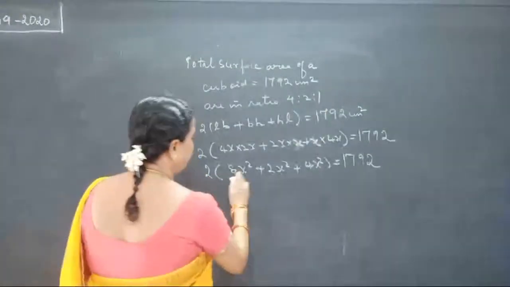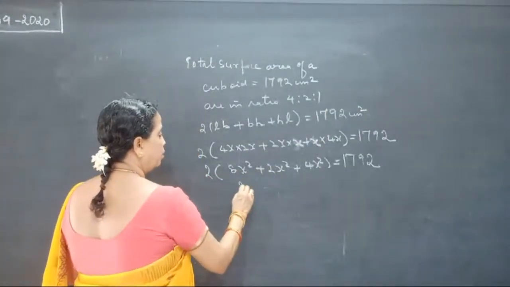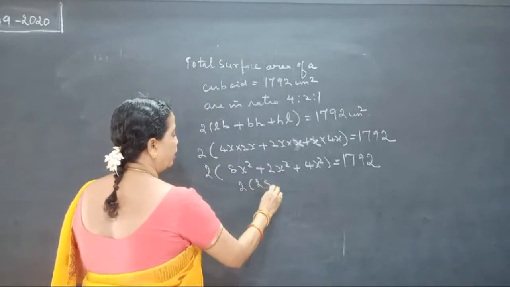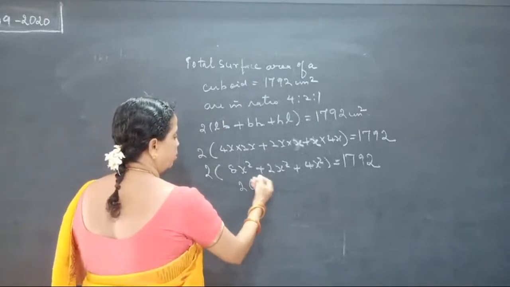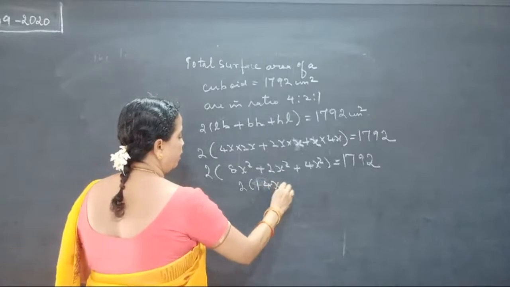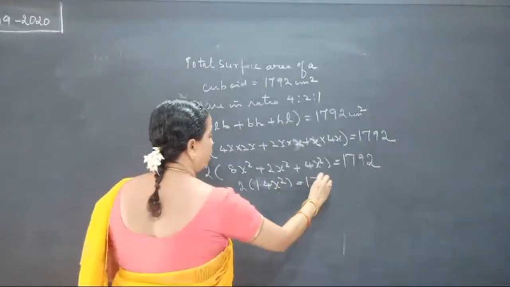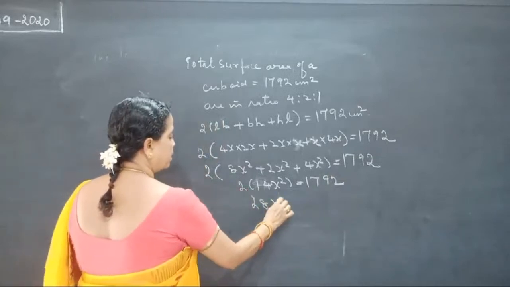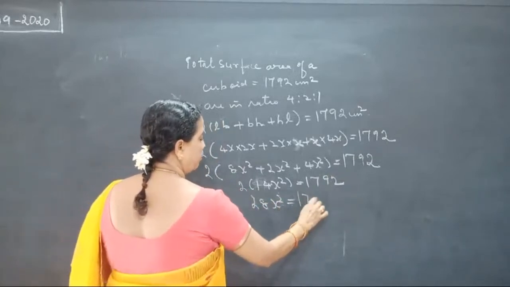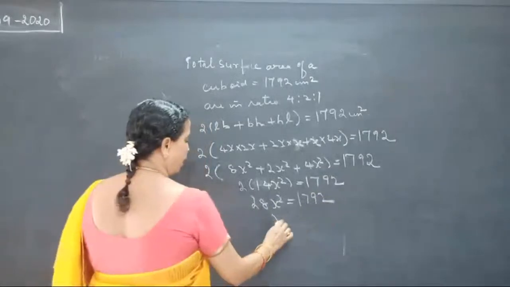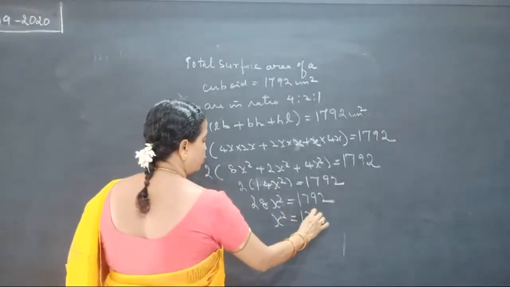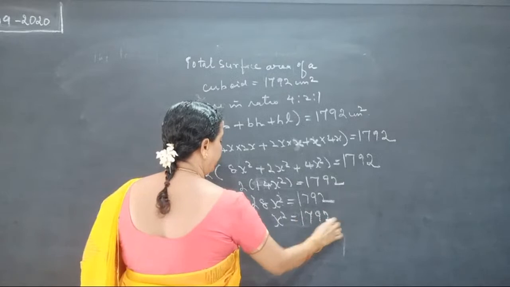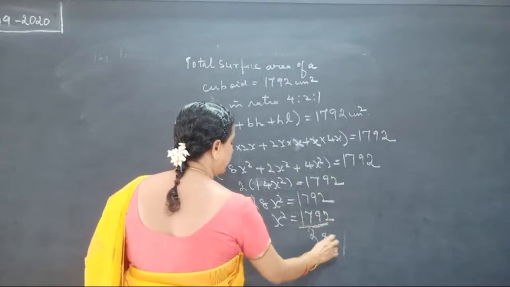So you get 8 plus 2 plus 4, 14, and 2 into 14 is 28. So 28x square equals 1792. x square equals 1792 by 28.